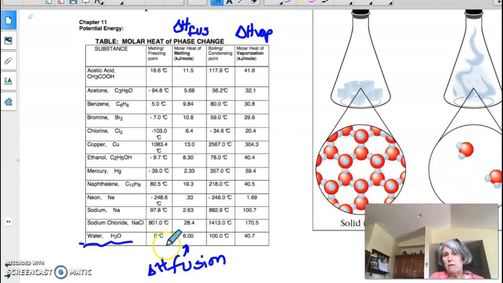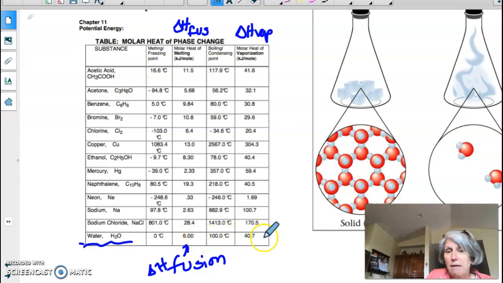So look at the difference of those two numbers and think about, why is this number so high relatively compared to these numbers here? So stop and think about that for a minute. Hit pause if you have to. Okay, why would this number be so high compared to a delta H of fusion?